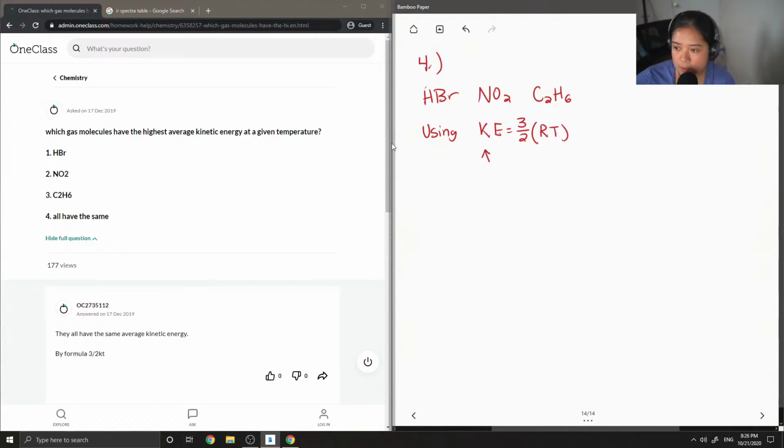So basically, since KE is not dependent on molecular weight, then they will all have the same kinetic energy.